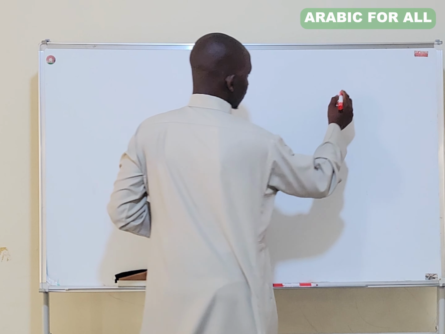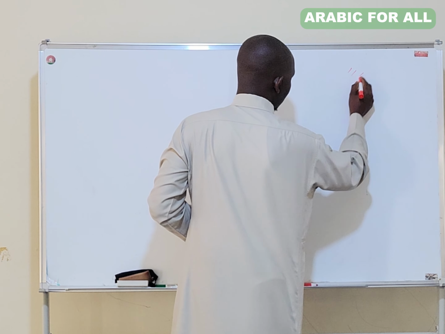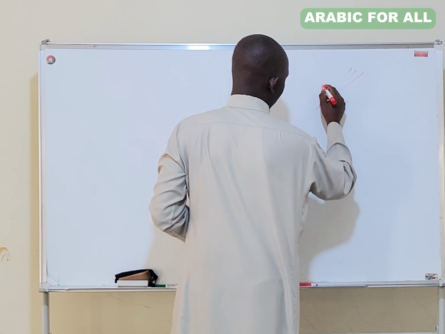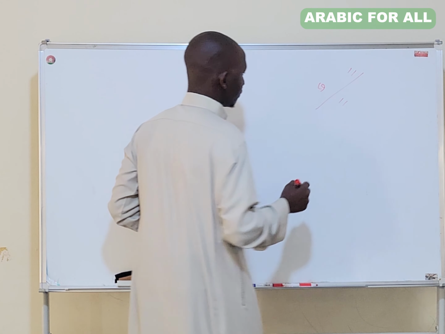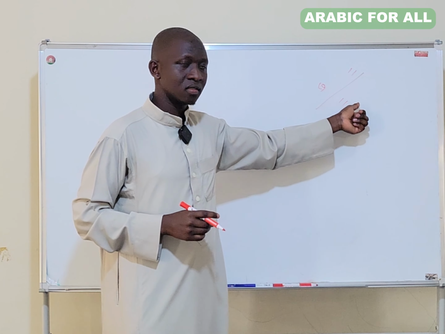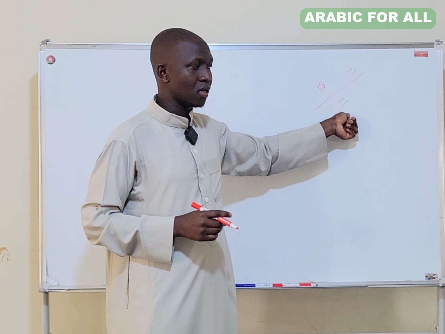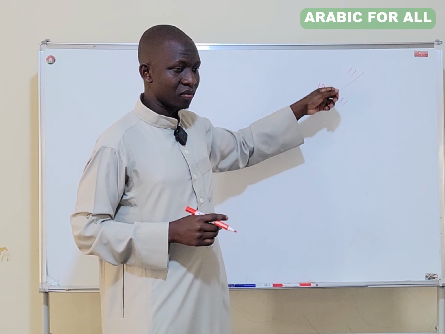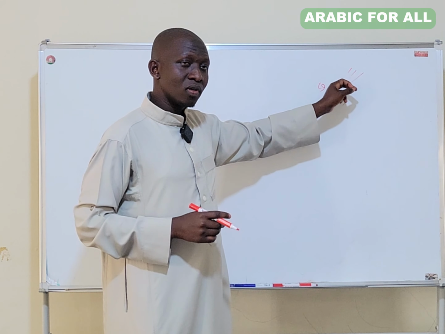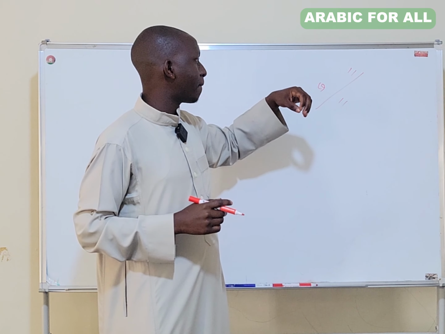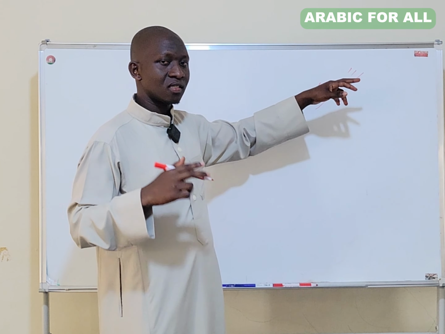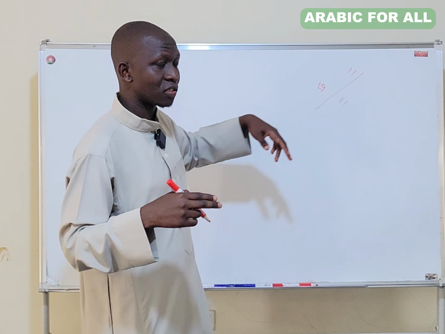What are these other vowels that can be attached to these letters? We have what we call fathatain, kasratain, then dhammatain. These are also vowels of the Arabic alphabet. Fathatain means double fatha. Which sound do they give?